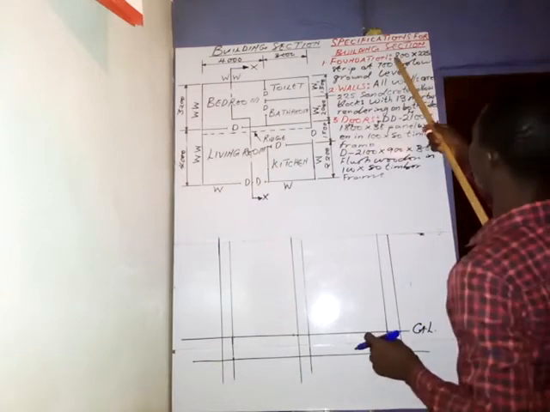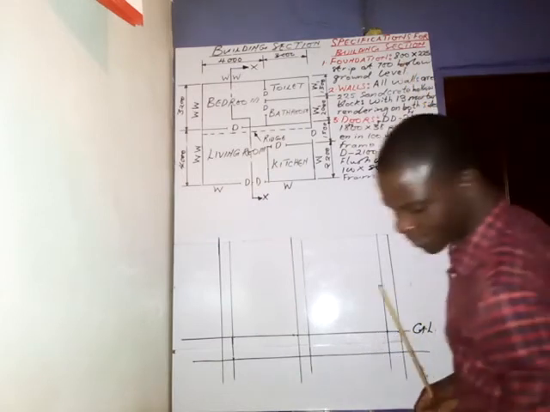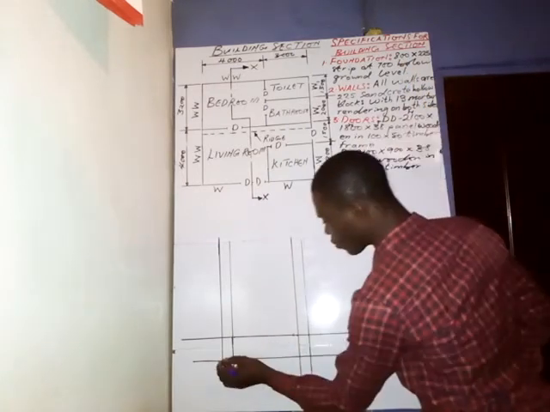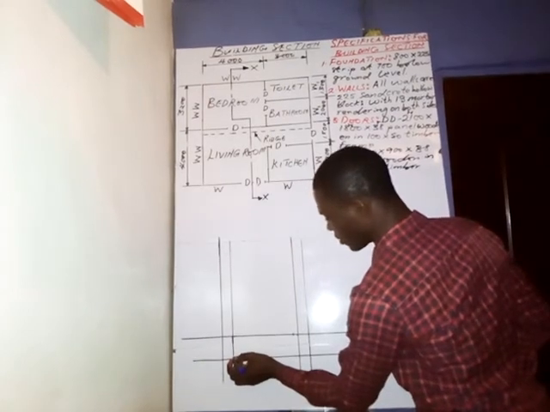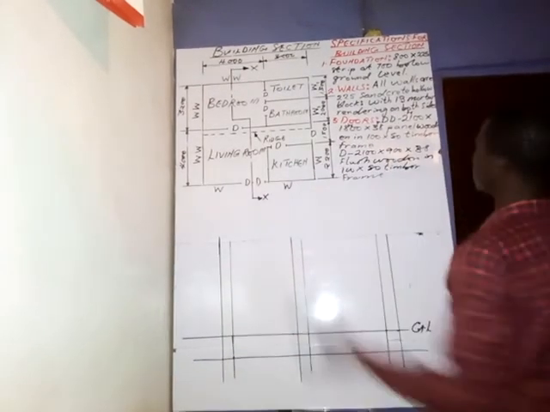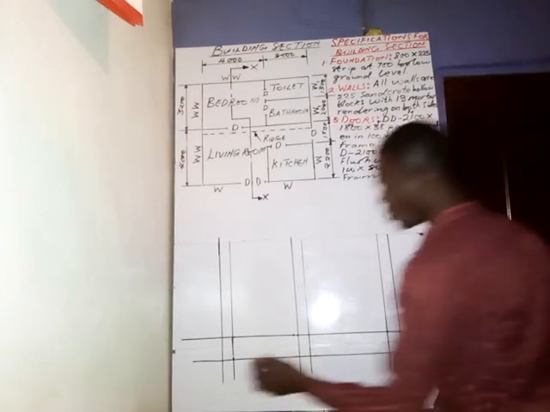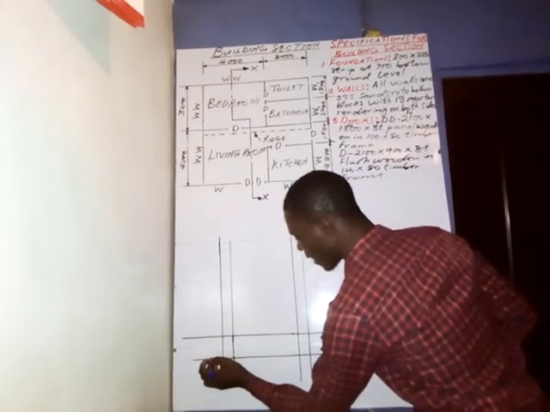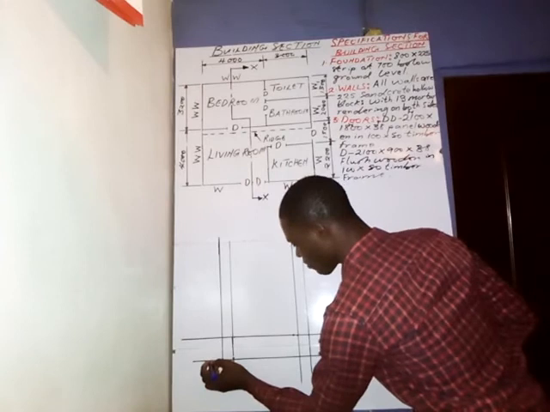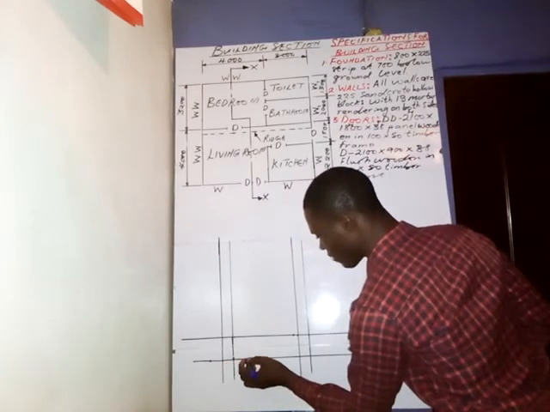All right. So now the length is 16. From here to here we have 5. So if we take 5 out of 16, that will give us 11.